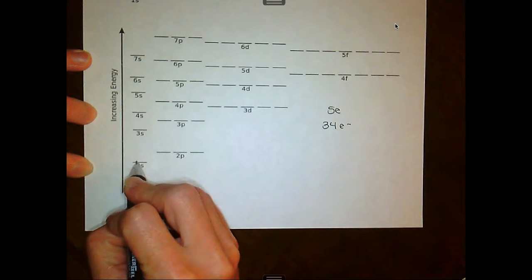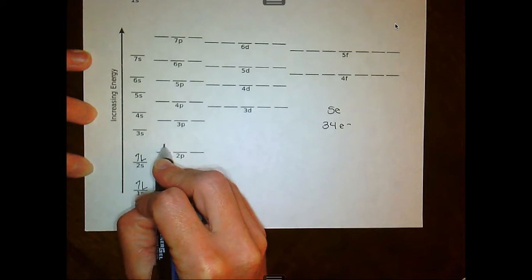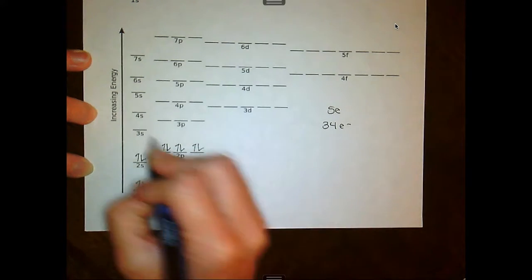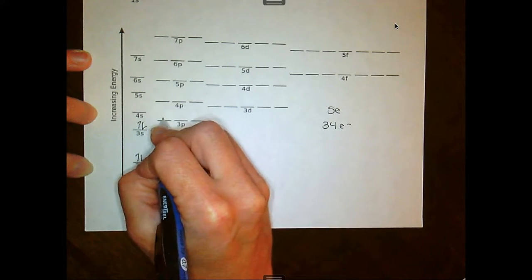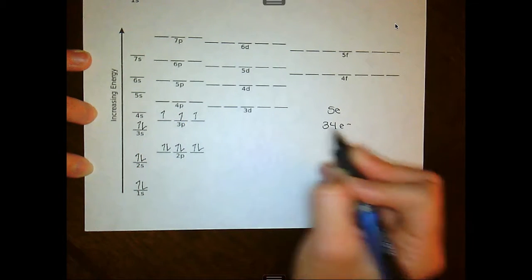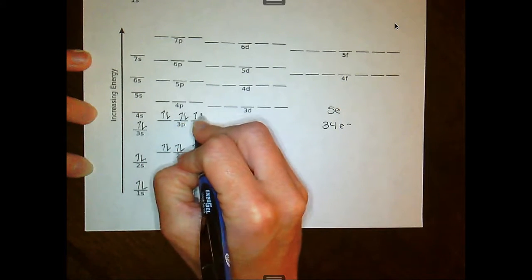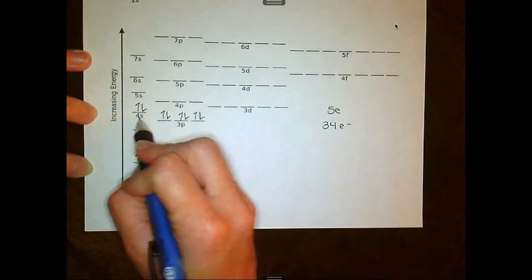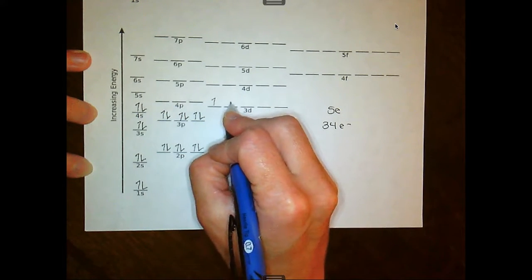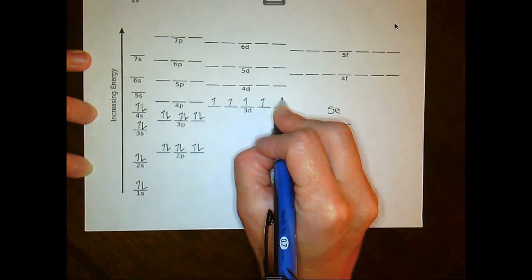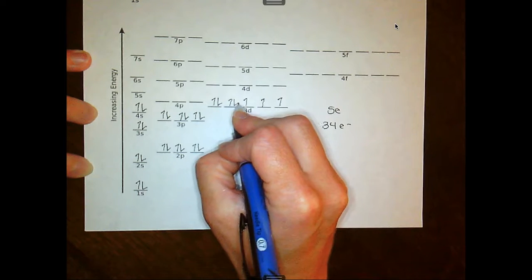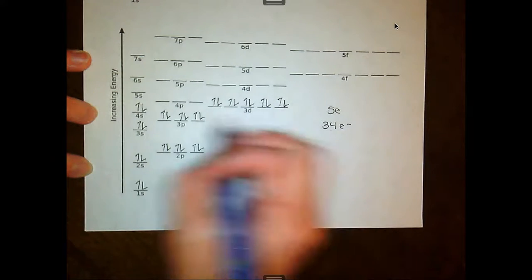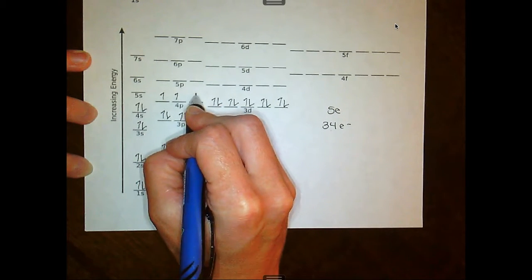1, 2, 3, 4, 5, 6, 7, 8, 9, 10, 11, 12, 13, 14, 15, 16, 17, 18, 19, 20. 4s to 3d. 21, 22, 23, 24, 25, 26, 27, 28, 29, 30. 4 more to go. 31, 32, 33.